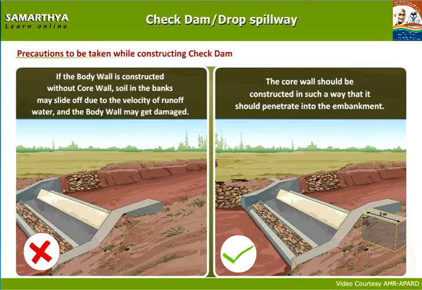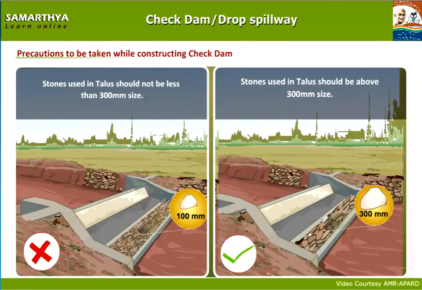Core wall should penetrate at least 3 meters into the embankments. Stones used in talus should not be less than 300 mm size. Stones used in talus should be above 300 mm size.